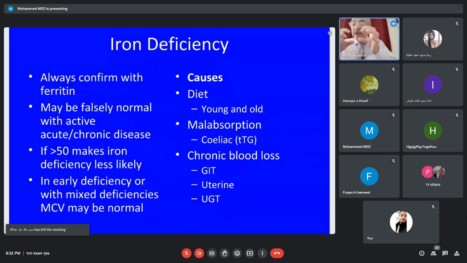But if a technician or a hematologist looks at the blood film, he may tell you that this is a dimorphic blood picture. Dimorphic means di, two, and morphic from morphology, the shape of the red blood cells, indicating that there is one generation of RBCs which are microcytic hypochromic, and another generation macrocytic hypochromic.